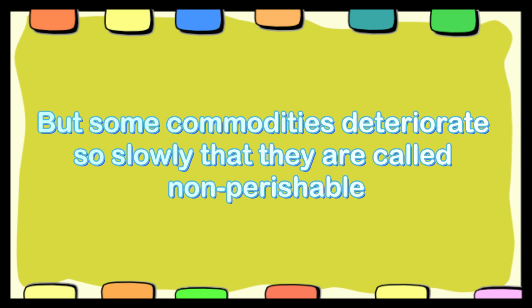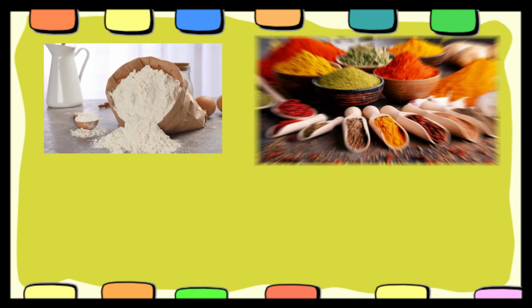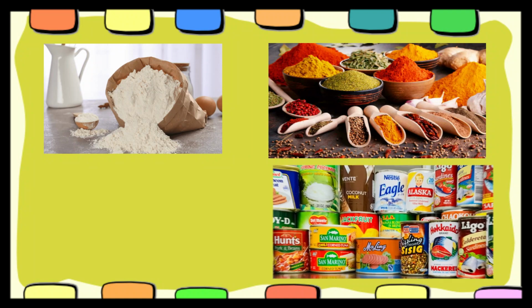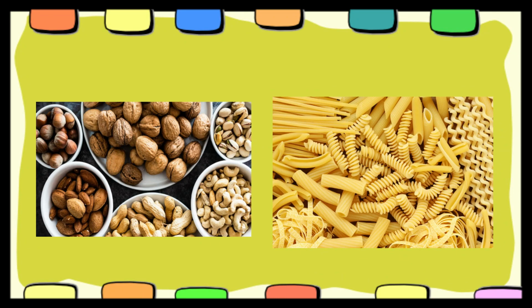But some commodities deteriorate so slowly that they are called non-perishable. Examples of non-perishable goods are flour, spices, canned goods, jars and bottles, nuts, noodles, and pasta.